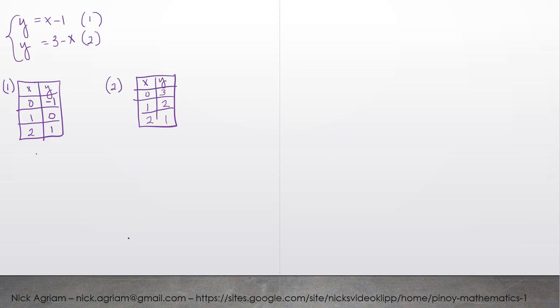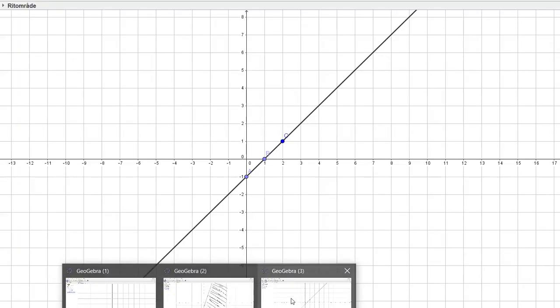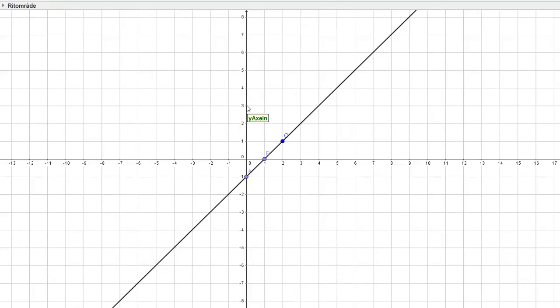So the points are 0, 3, 1, 2, and 2, 1. If I connect the dots, then I have the line.